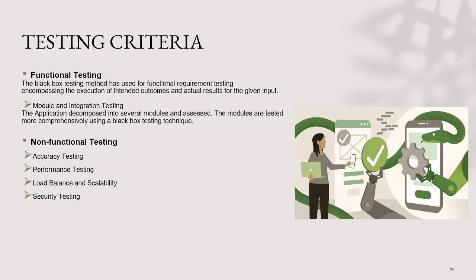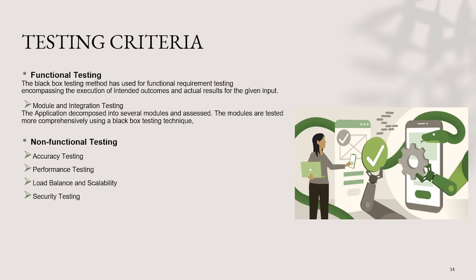This is the testing criteria. In functional testing, the black box testing method was used for functional test requirement testing, encompassing an execution of expected outcomes and actual results for the given input. Under the functional testing, module and integration testing were also done.